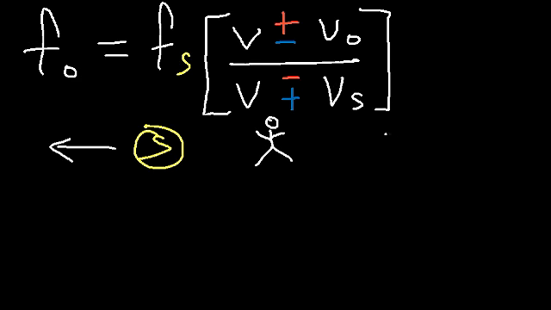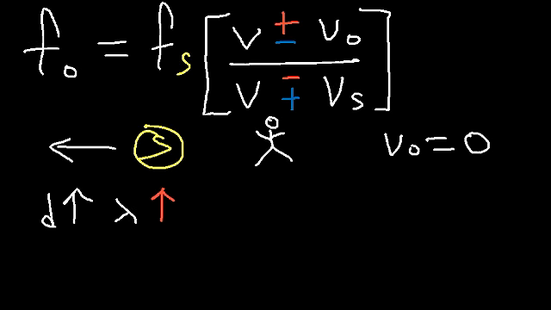The observer is at rest. So we need to focus on the denominator. If the source moves away from the person, the distance between the source and the person increases, which means that the wavelength increases, and therefore the frequency will decrease. So the frequency detected by the observer should be less than the frequency emitted by the source.